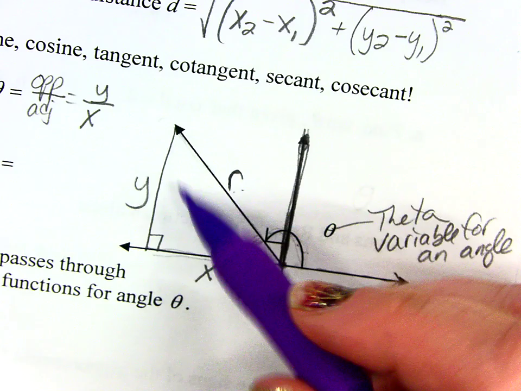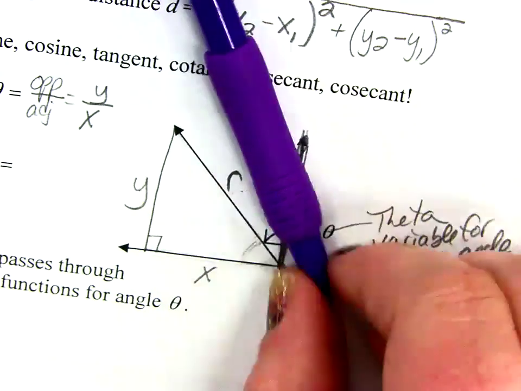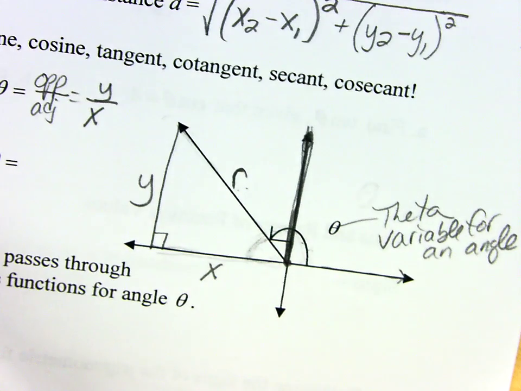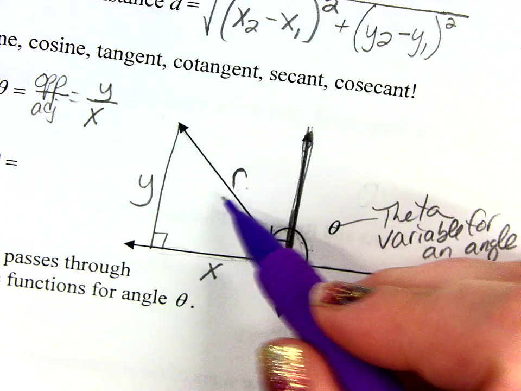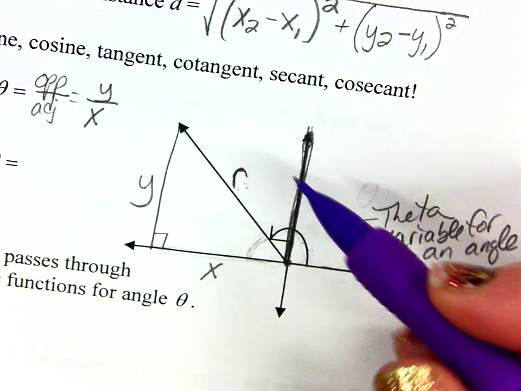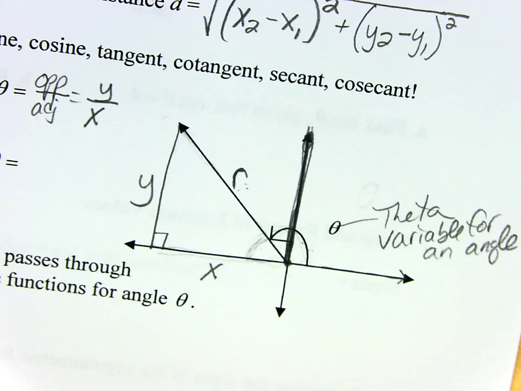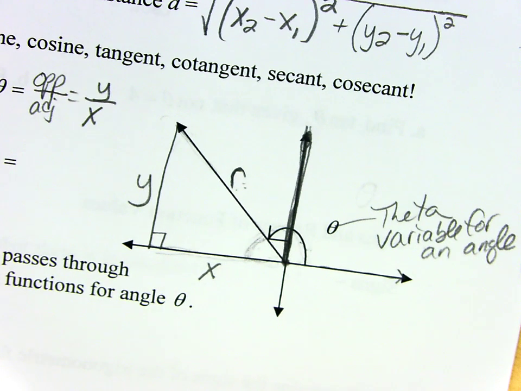For the same reason y could be 0, right? Because what if that terminal side was along the x-axis? So now I have no height, right? Because it's just flat. So it is possible that I do have a value for r, but x or y could potentially be 0. So why is all that important? Because of tangent.